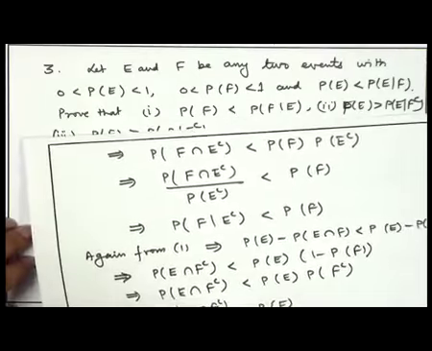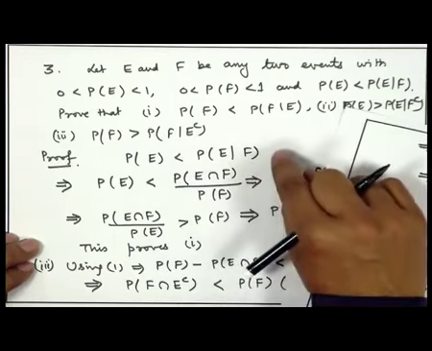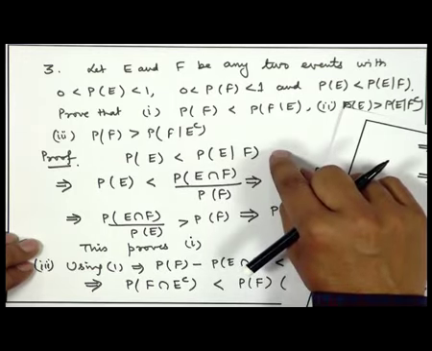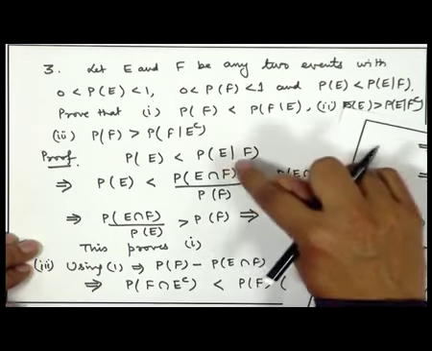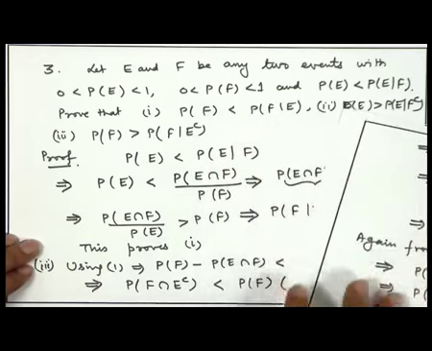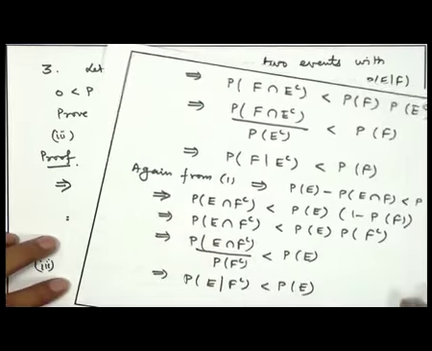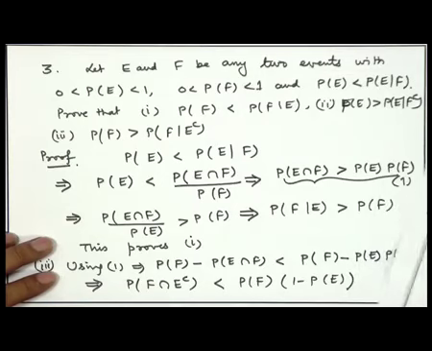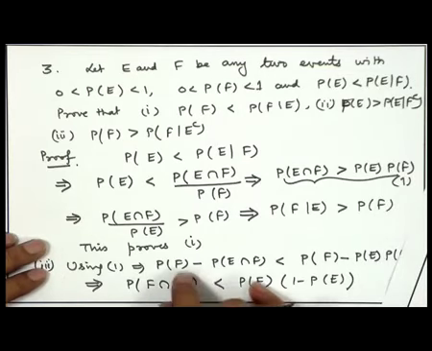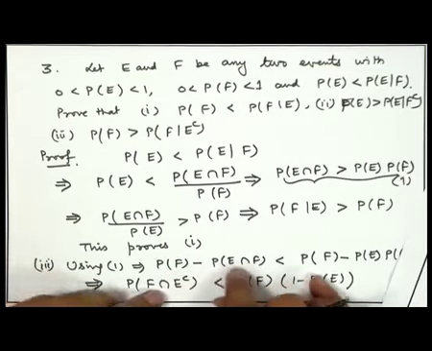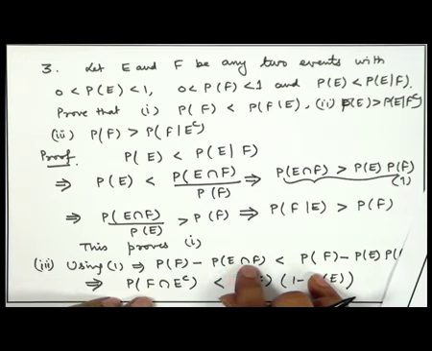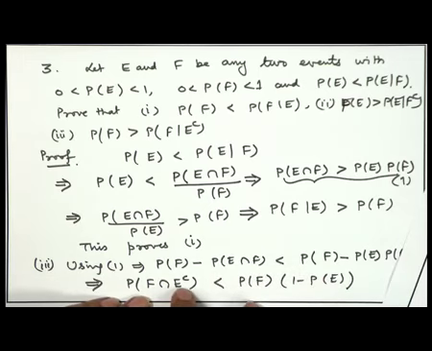Once again, in this example, we have used the concept of conditional probability. So, we have actually applied the definition of conditional probability. Then we have actually used the addition rule at 2 places. For example, probability of E intersection F plus probability of F intersection E complement is equal to probability of F, that is used here.